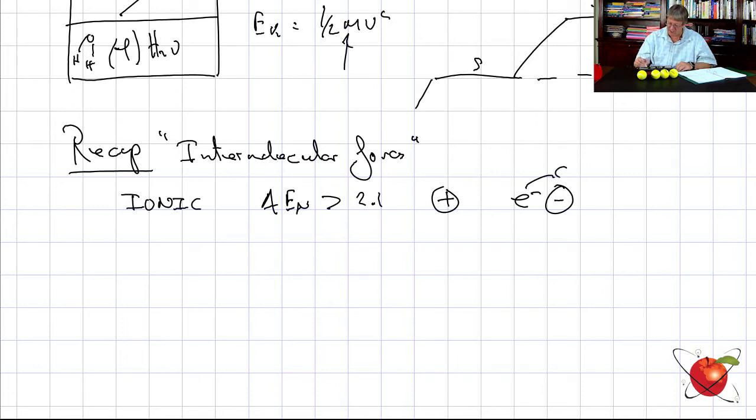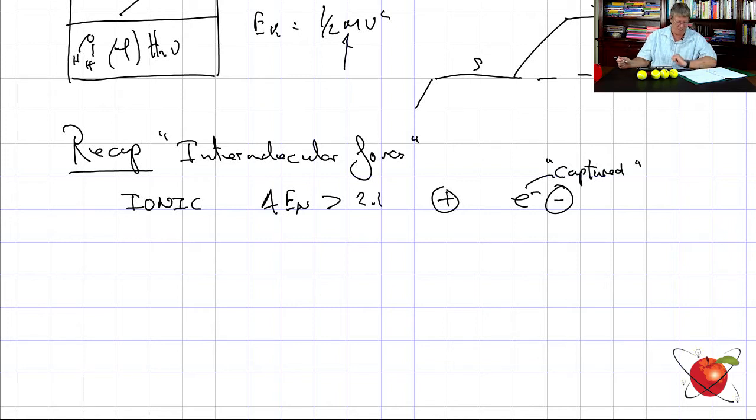The electron is, let me say, captured over there. All right? It never goes back to the other side. So this is totally, the electron has gone from the one to the other. That's an ionic bond. Okay? Sodium chloride and magnesium sulfate, calcium carbonates, all of those become ionic bonds.